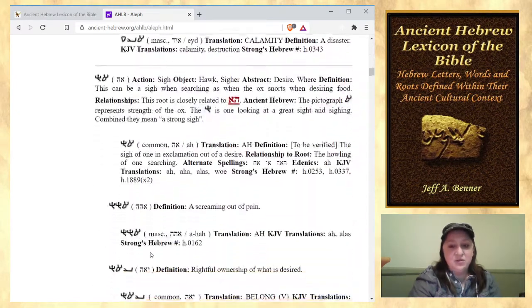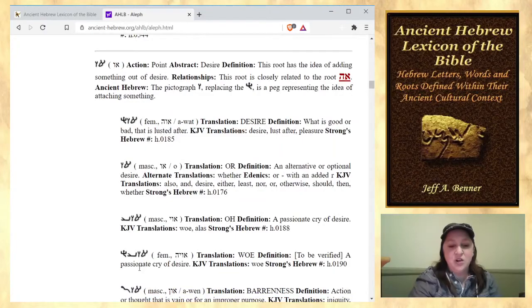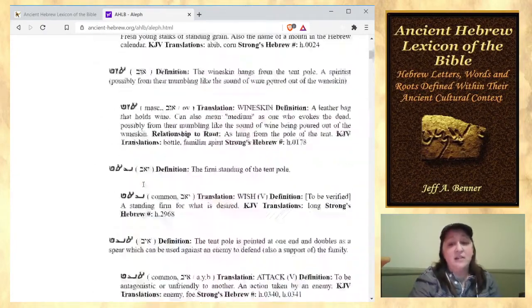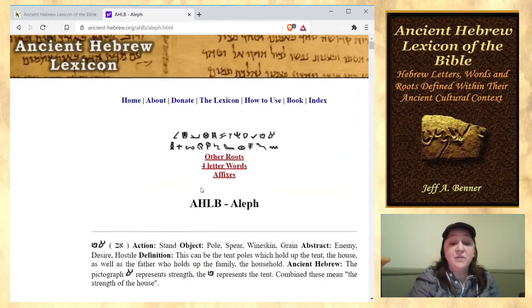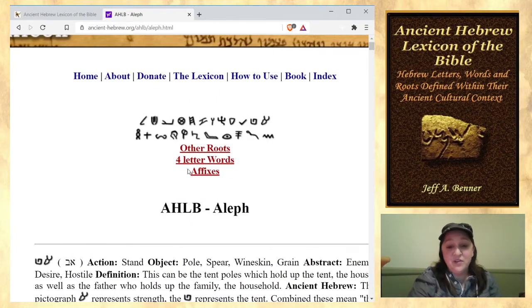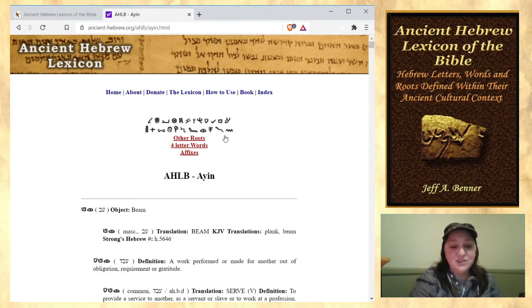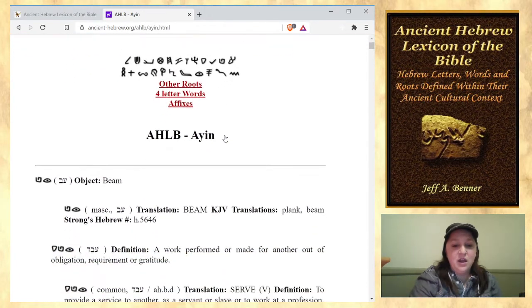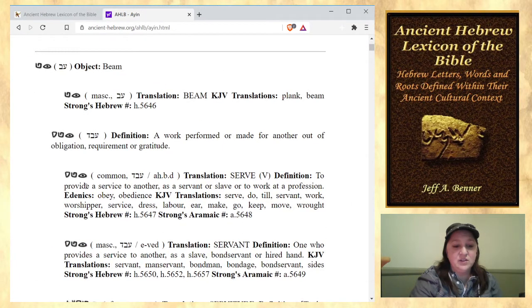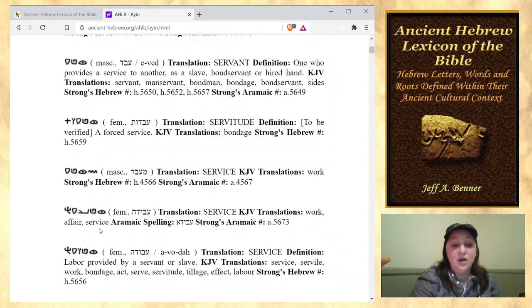And you can just go down and down and down and see all these different words starting with Aleph. Or if you needed a different letter, you could do the same thing. Ayin, the I, super cool. Okay, then you're seeing all kinds of words that start with Ayin.